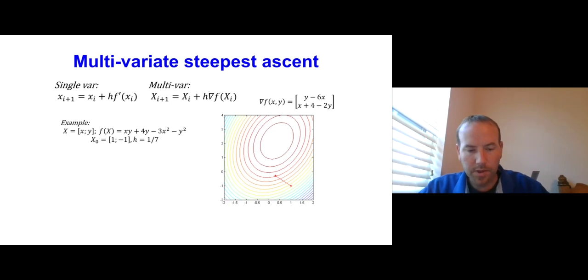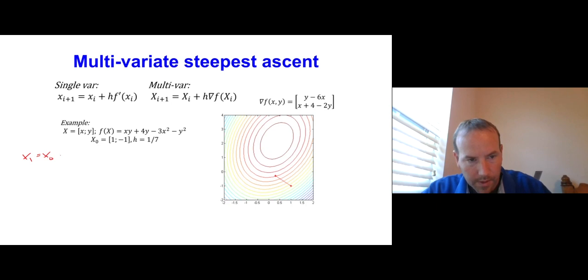Okay, and so we're just going to do a single example here, starting out with x1. So x1 is going to be x0 plus h times the gradient of f at x0.